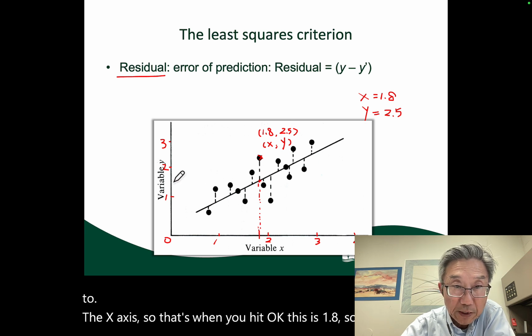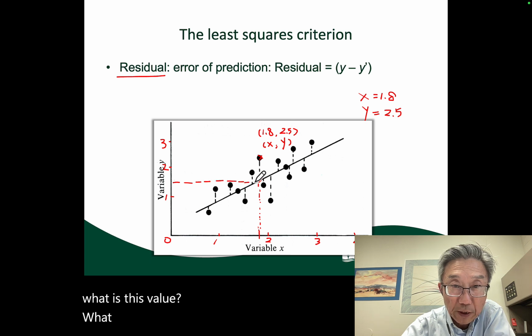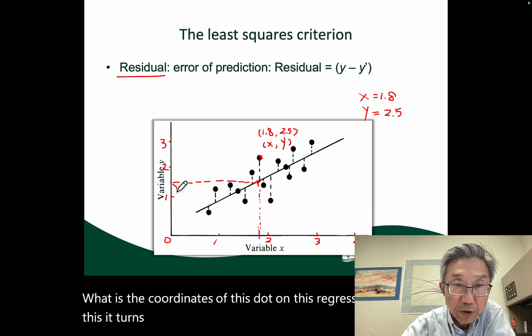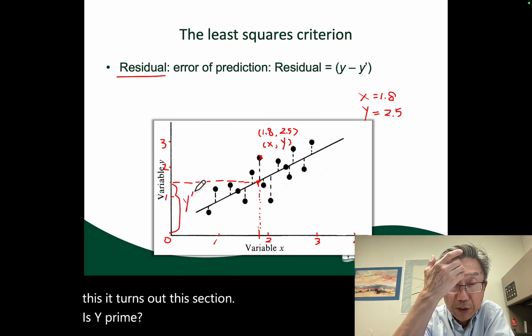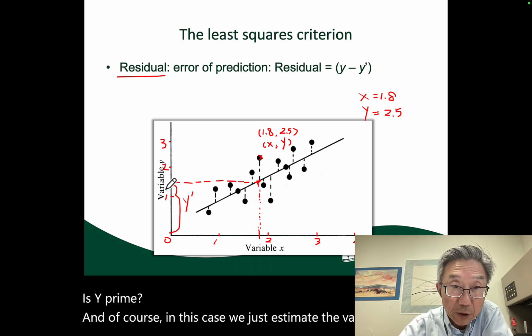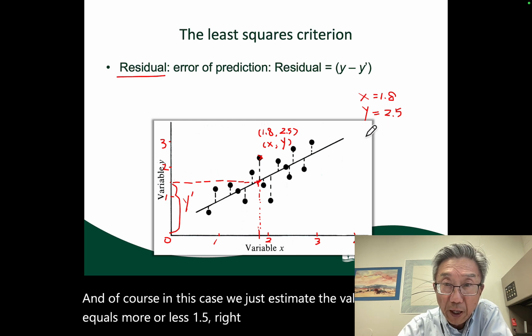But what is this value? What are the coordinates of this dot on this regression line? Well, it turns out this section is y prime, right? And in this case, we just estimate the value of y prime as more or less 1.5.